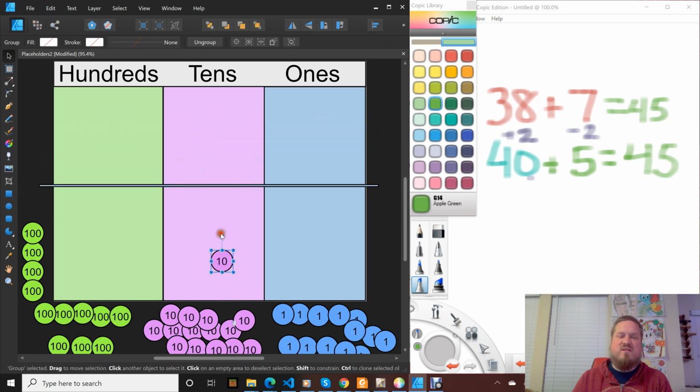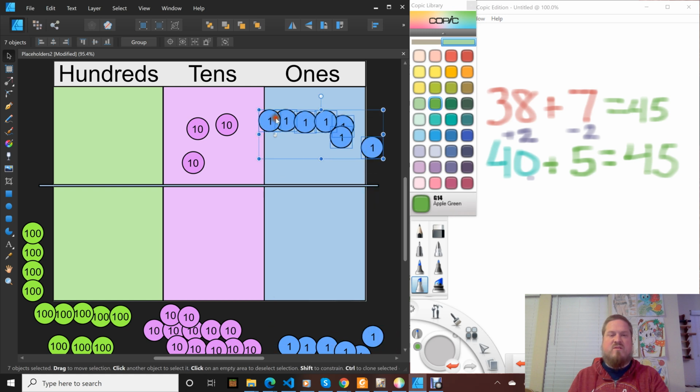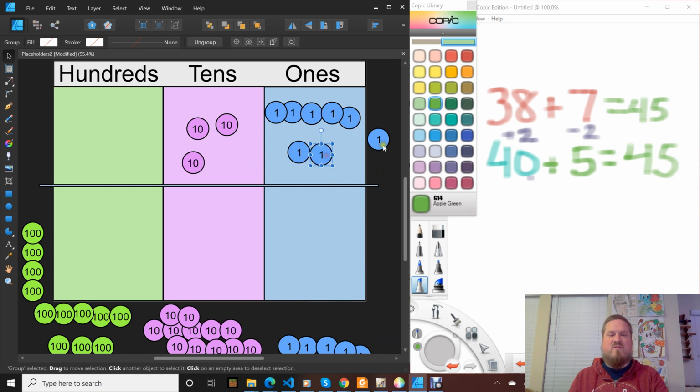That's 3 tens, 1, 2, 3, and 8 ones, 1, 2, 3, 4, 5, 6, 7, 8. Did I get all the ones that I wanted to? So that's our 38, 3 tens and 8 ones.